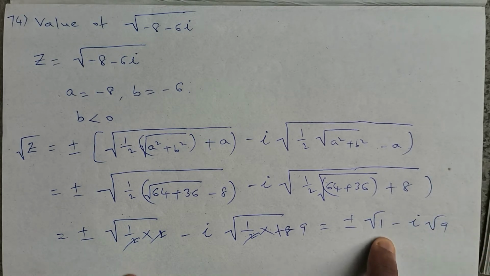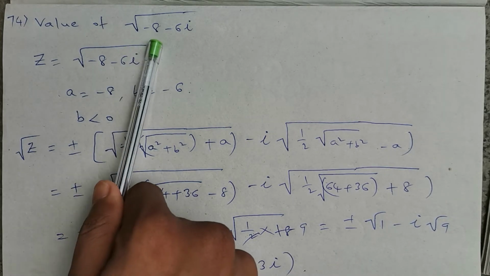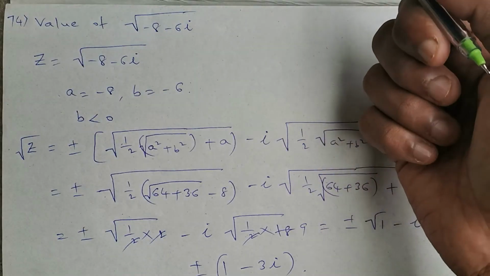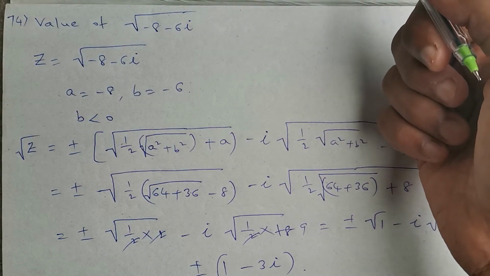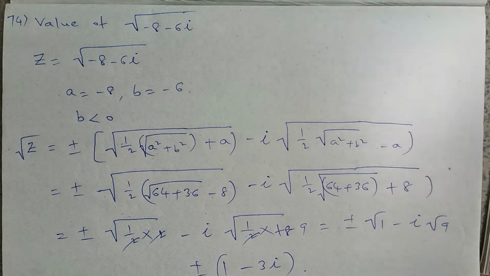Root 1 is nothing but 1. So plus or minus 1 minus root 9 is 3, 3 times i. So the value of under root 8 minus 6i is equals to plus or minus 1 minus 3i.